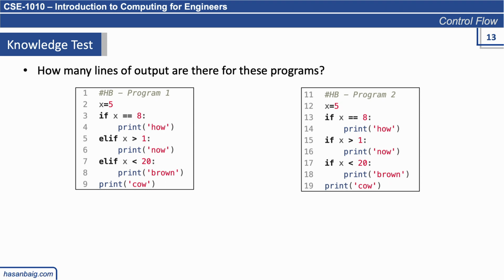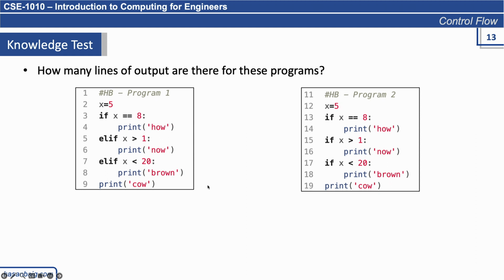Once any condition is satisfied in between, then the entire block is considered finished. It means that once this condition is satisfied already, it is not going to check any other condition. It will only start executing after the if-else block. So this condition is satisfied, print now. So it will print now, and then it will print cow. It is not going to print brown.